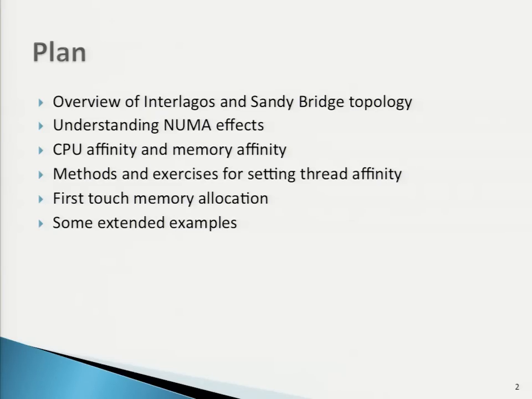Then we'll do some methods and exercises to illustrate this point. At the end, we're going to do some extended examples where we revisit the Laplace and dispersion examples from yesterday and see if we can make some changes to the code to get a good performance increase when we go from 8 threads running on one socket to 16 threads running on 2 sockets.